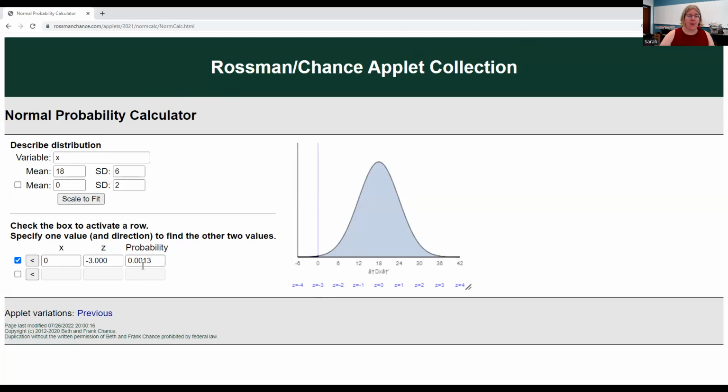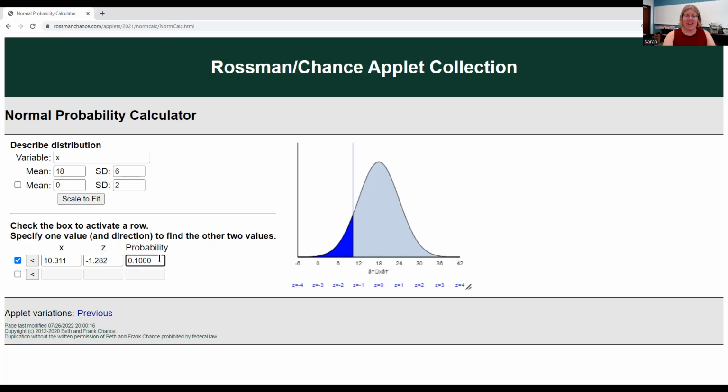So if I'm changing the lower 10%, I'm going to use this probability box over on the right. So I'll change it to 0.10 and push enter. And so if you're in that lower 10%, that's a cutoff score of 10.311. Okay. And in this case, this is also going to be the same thing as the 10th percentile. So 10% of those scores are below that number.